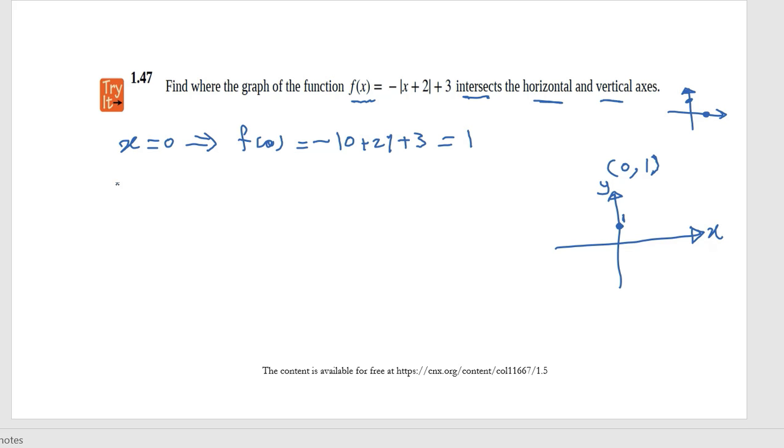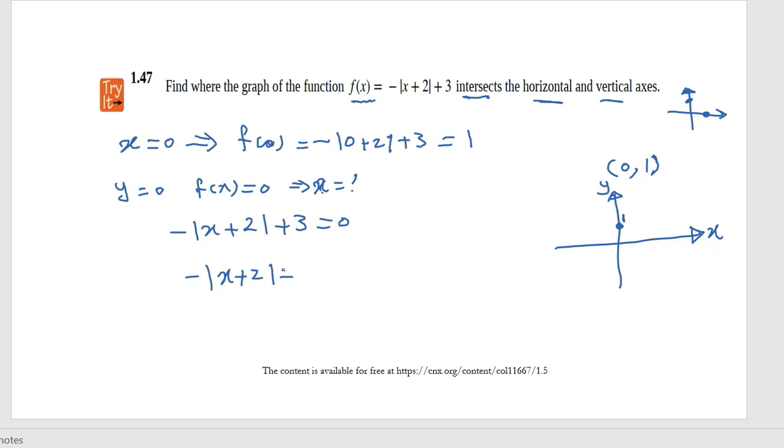And if we want to find the x intersection, then y will be equal to 0, or f of x will be equal to 0. Then what is x? So negative absolute value of x plus 2 plus 3 is equal to 0. Negative absolute value of x plus 2 is equal to negative 3. So absolute value of x plus 2 is equal to 3.